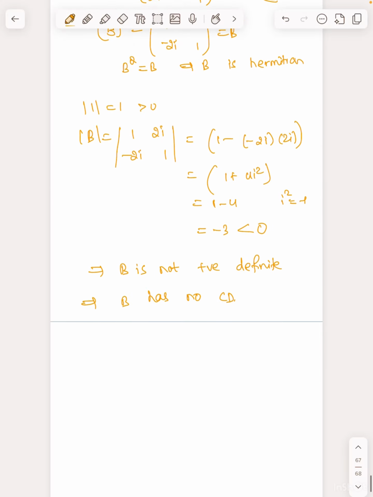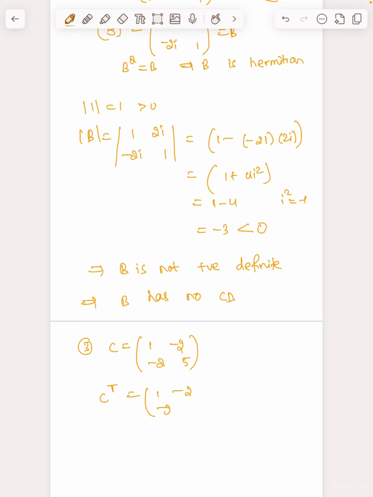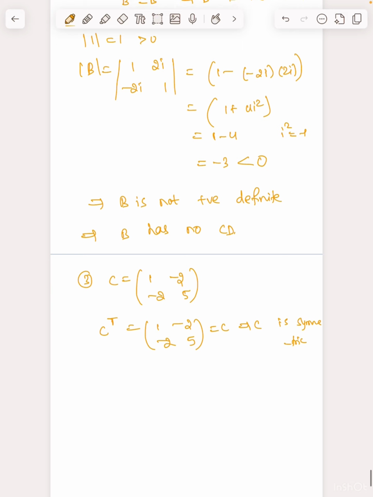Next, we can see option 3. That is C equal to 1, minus 2, minus 2, 5. Now C transpose will be 1, minus 2, minus 2, 5, which is equal to C. Therefore, C is symmetric because all the entries are real. Now for positive definiteness, the first leading principal minor is 1, which is greater than 0.